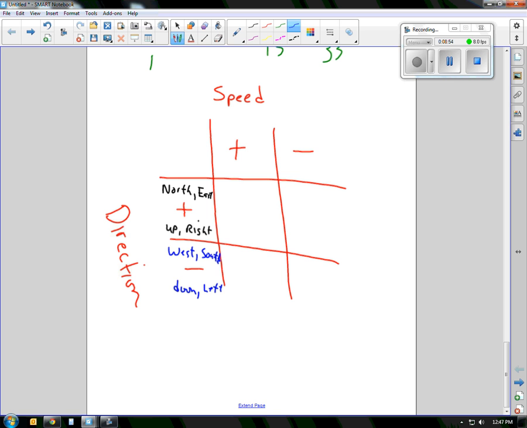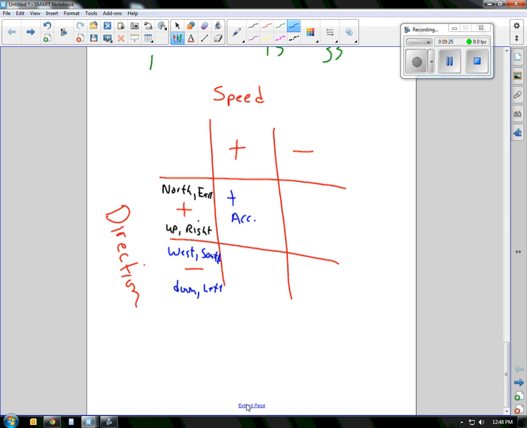So what kind of acceleration is this when you are speeding up in a positive direction? That's going to be positive acceleration. So we'll just put that down. If I'm speeding up in a northbound direction or an eastbound direction, or speeding up going to the right, those are all considered to be positive accelerations.